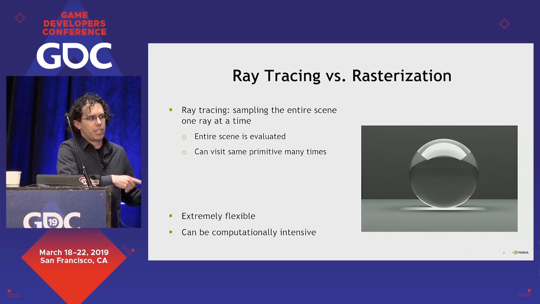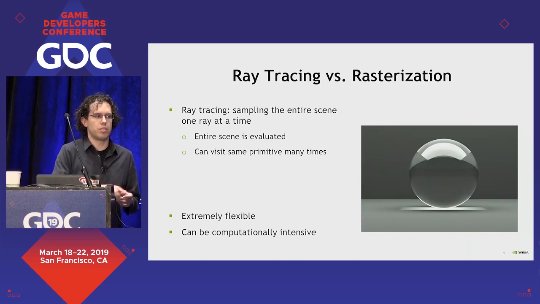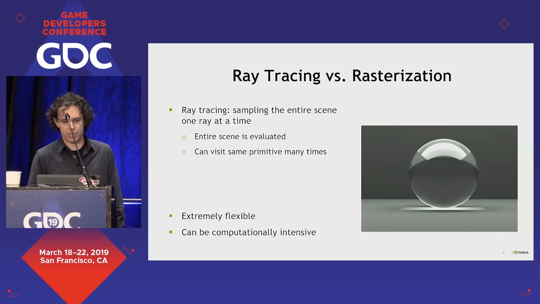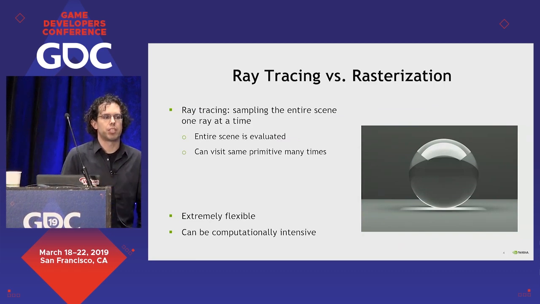The simple example of shadows becomes trivial: if you're shading a given point, you want to test visibility for a light, you just shoot a ray and see if there's anything in between the point you're shading and the light. That becomes obvious and trivial with ray tracing. And so it's incredibly flexible. It can do pretty much anything given enough time. But of course, the drawback is that it can be computationally intensive, and that's why it hasn't been a really popular technique for real-time rendering so far.